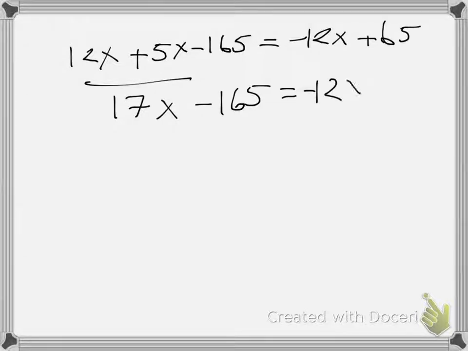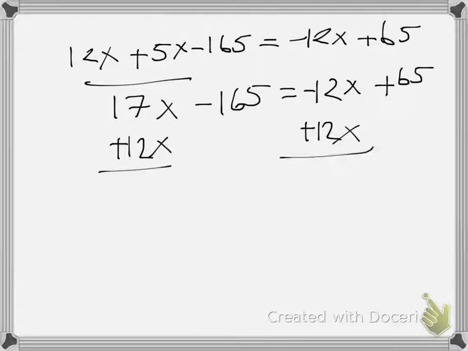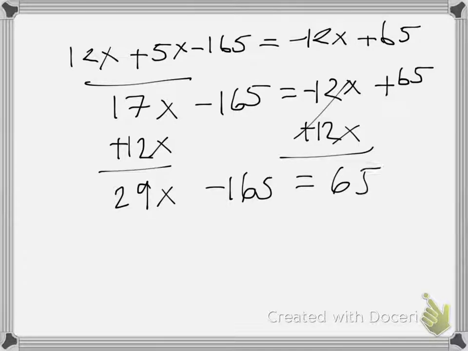Negative 12x plus 65. And then now we're going to go ahead and move the variables on the left hand side and the numbers on the right hand side. So we're going to go ahead and add 12x, and then now we get 29x minus 165 equals 65.